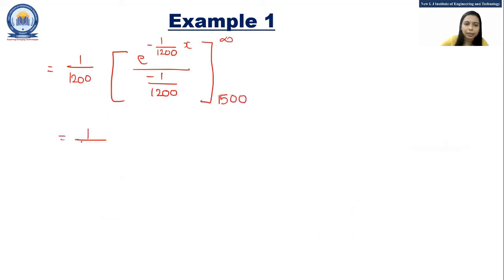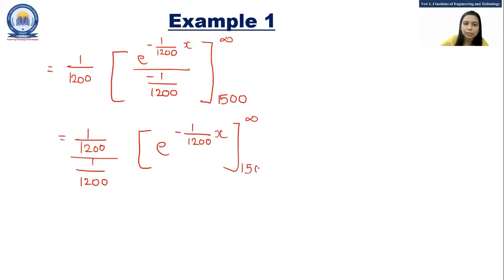So (1/1200) divided by (1/1200) into e^(-x/1200), with the minus sign as it is, and this cancels.